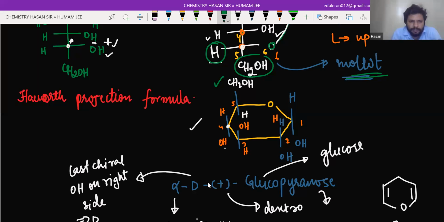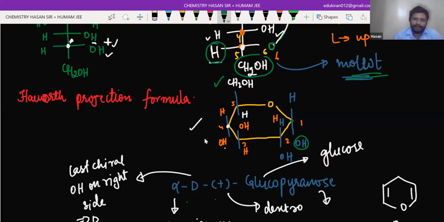Now its name is alpha D positive glucopyranose. Alpha and beta are basically isomers. If on the first carbon your OH is on the right hand side, then it is alpha. And if you switch that position to the left hand side, then it is beta.